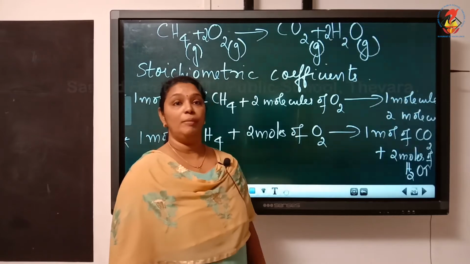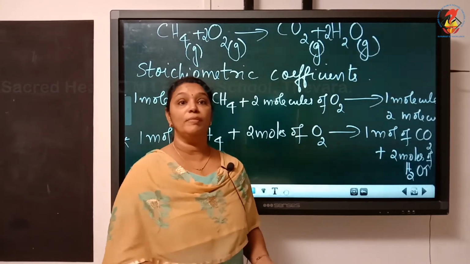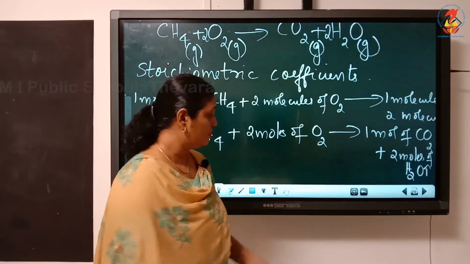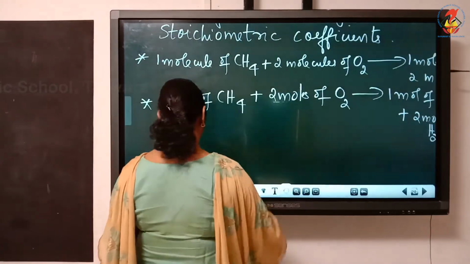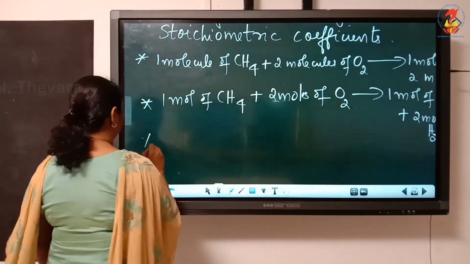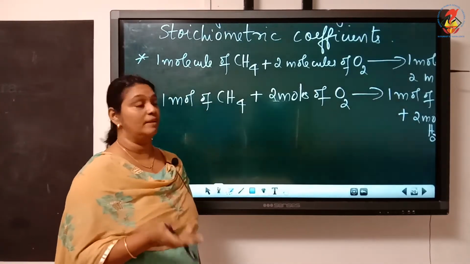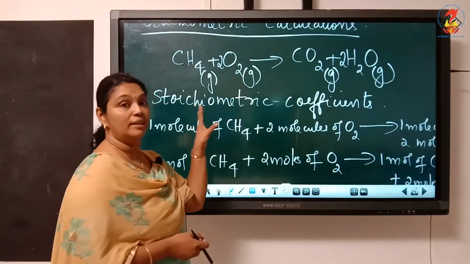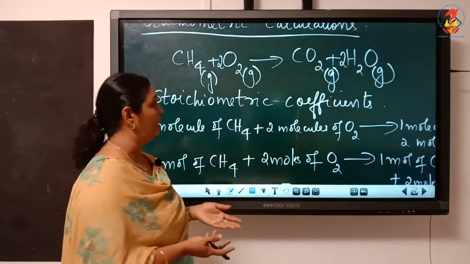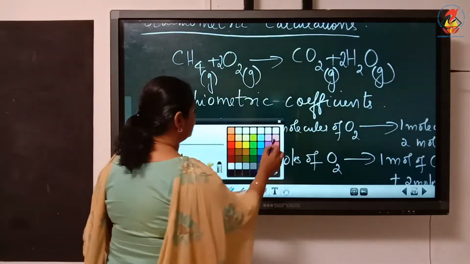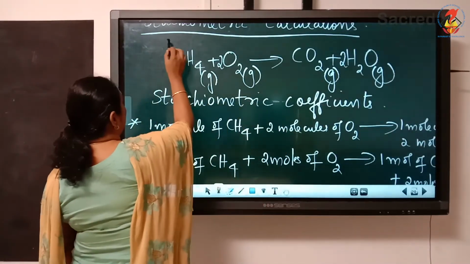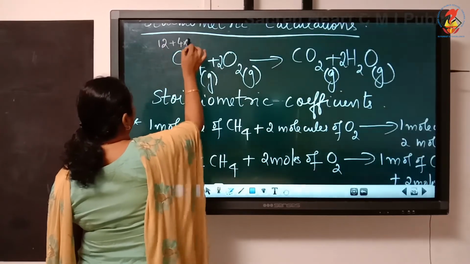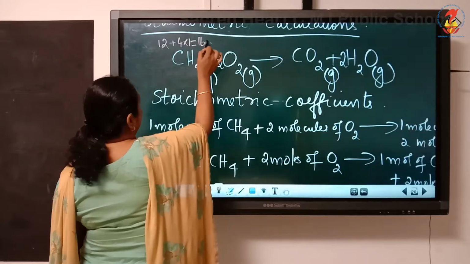Now the third information is we get to know what mass of reactants combine to give what mass of products. So the third information is the mass of reactants and products. We have to calculate the molecular mass to get the masses of reactants that combine. Methane: atomic mass of carbon is 12, hydrogen 4 atoms, so 4 into 1, which gives 16 gram.